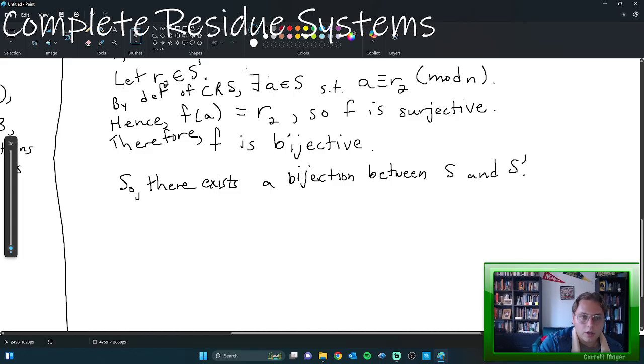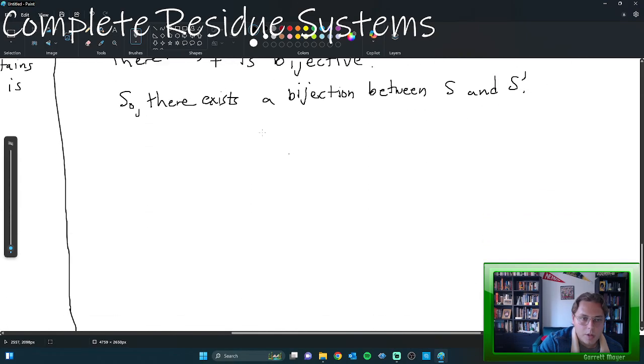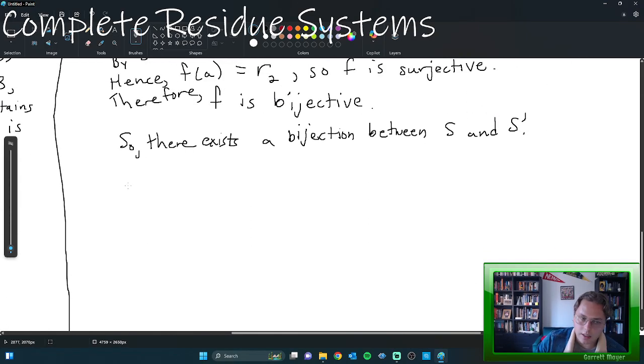And remember, earlier we said that S prime has a size of n. So there exists a bijection between S and S prime. Consequently, the cardinality of S equals the cardinality of S prime, which equals n.